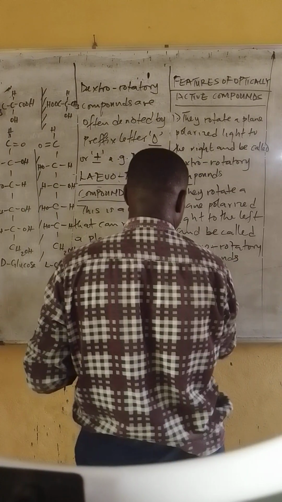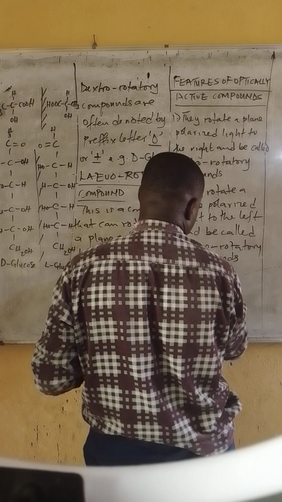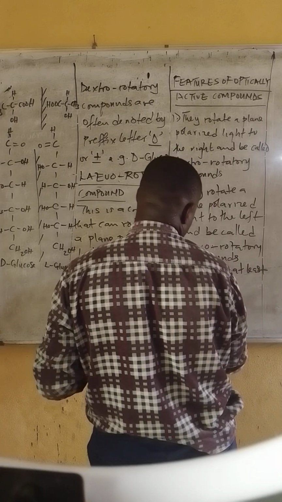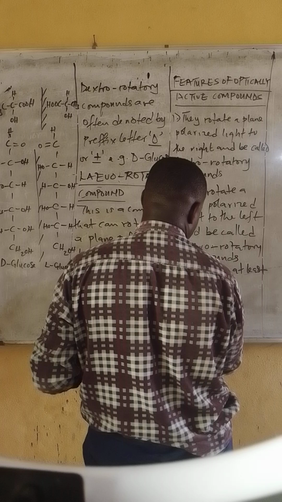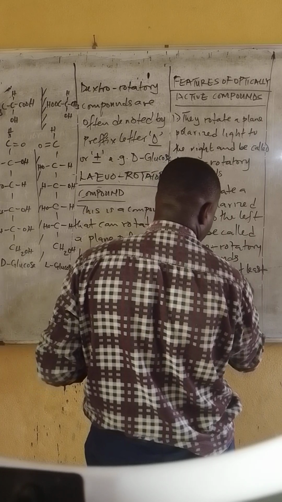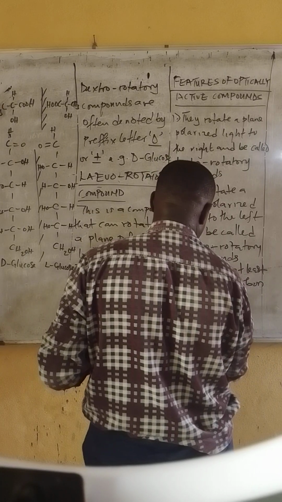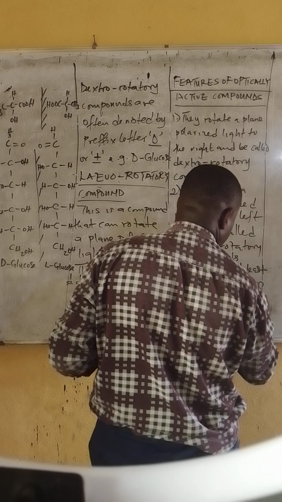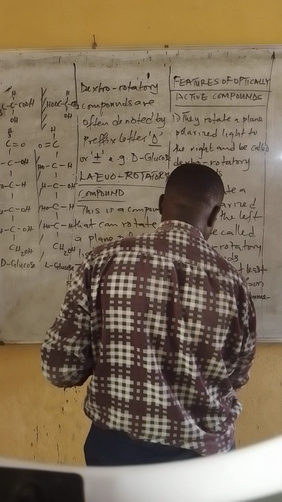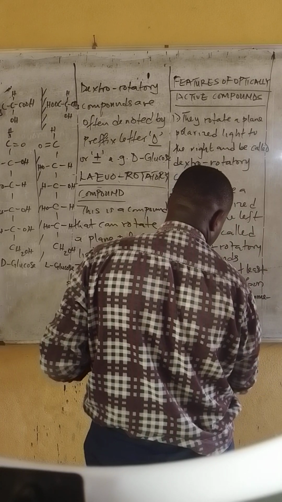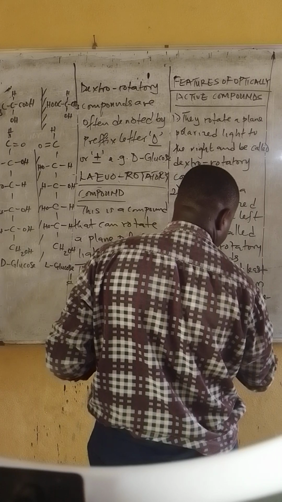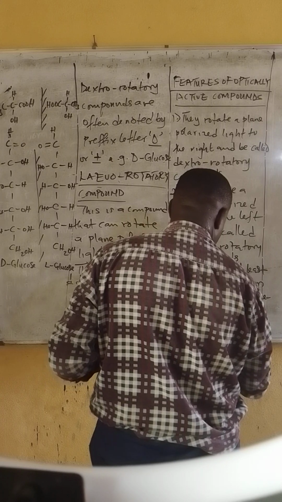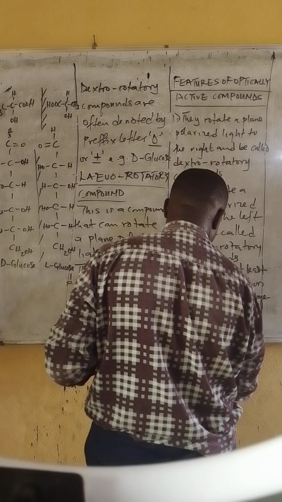Then number 3, they have at least one special carbon atom called asymmetric carbon or chiral center in their molecules.